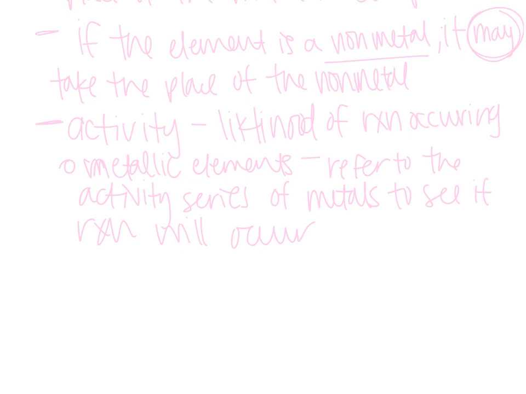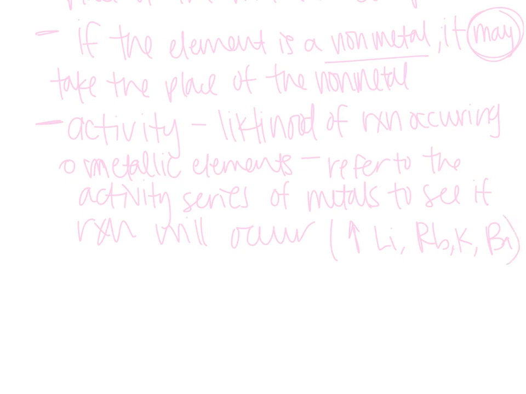So I'm not expecting you to memorize the entire chart, but you should kind of know a couple of them that are at the top of the activity list, the couple metals. So the ones with increased activity at the top of the list are lithium, rubidium, potassium, barium, among others.